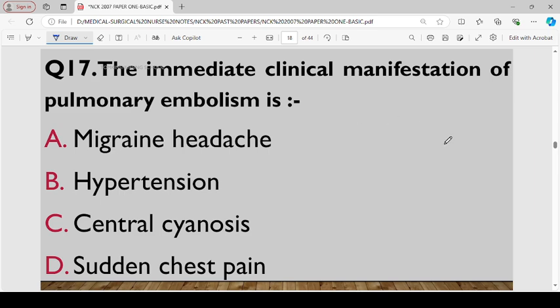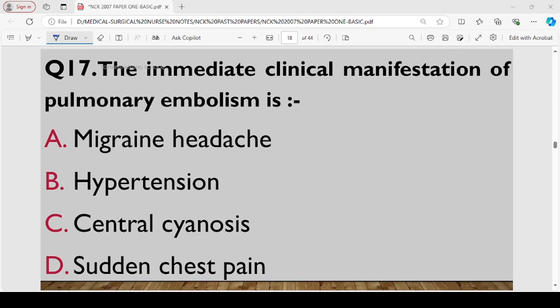The immediate clinical manifestation of pulmonary embolism is, have option A to D. Okay, you have 1 minute for that. Option A talks about migraine headache. Headache is not associated with pulmonary embolism. Option B talks about hypertension.